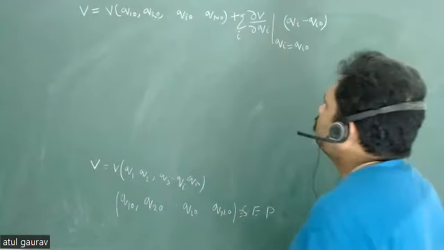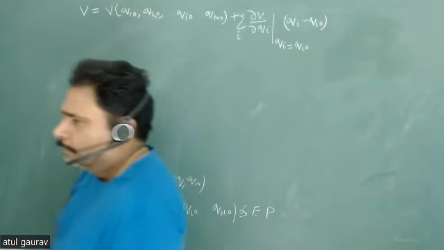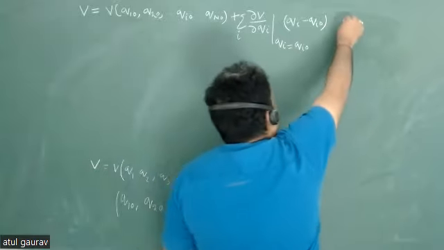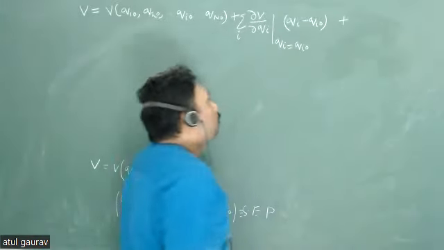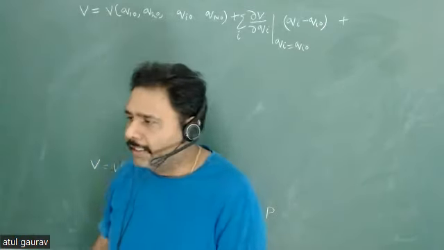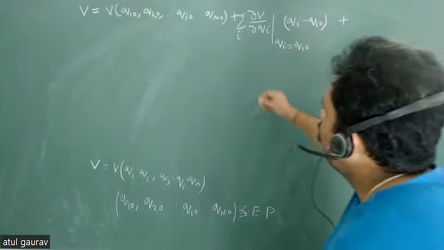Up to that, everyone is comfortable? Yes, sir. Okay. Now let's go for our next term. In the next term, what do we have to do? Double summation or single summation? Double summation.